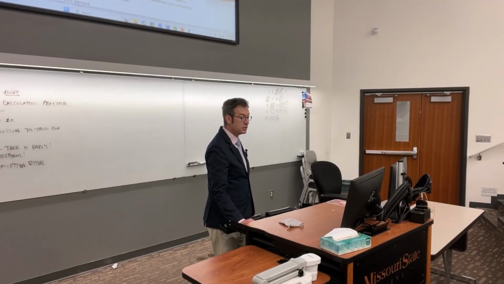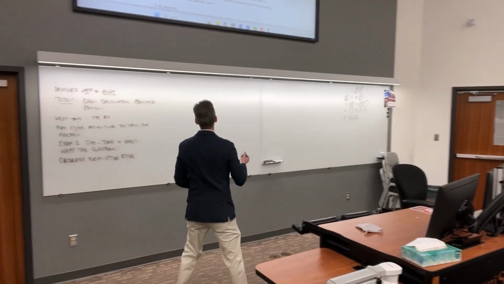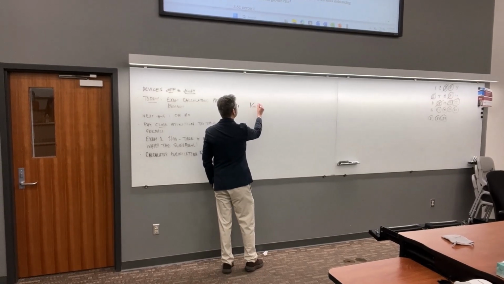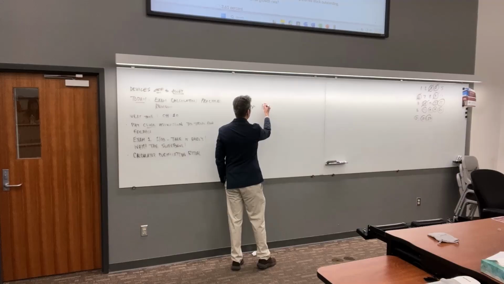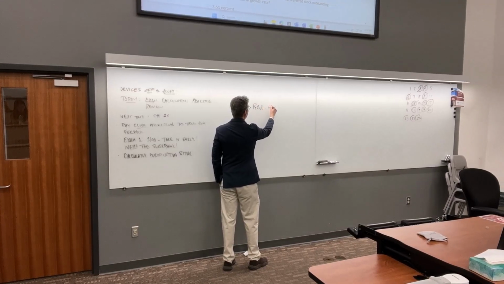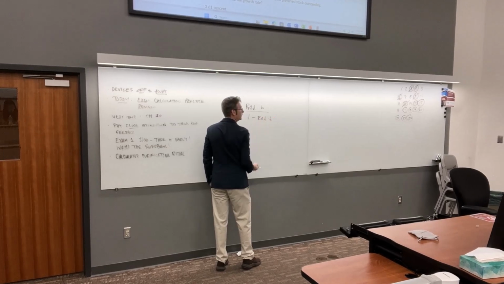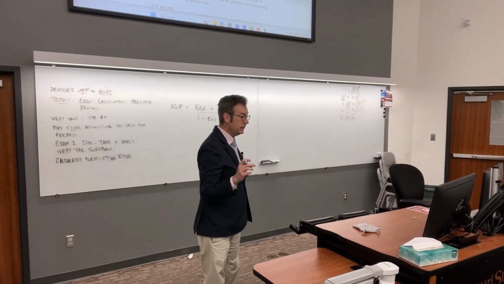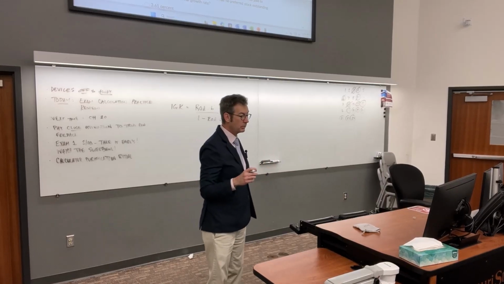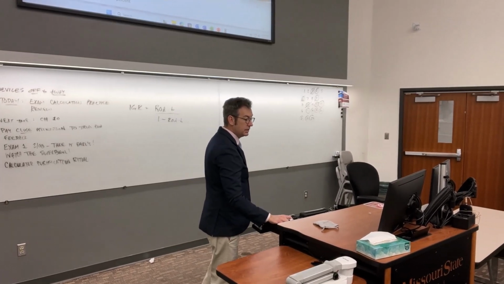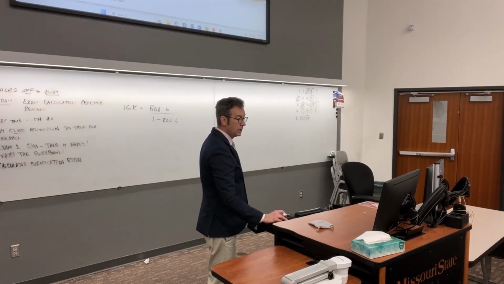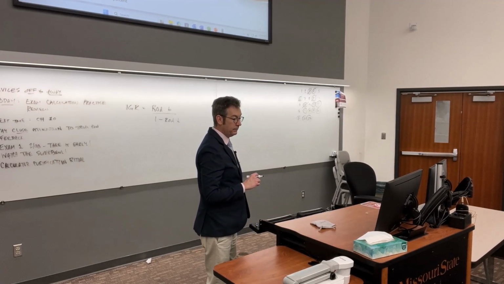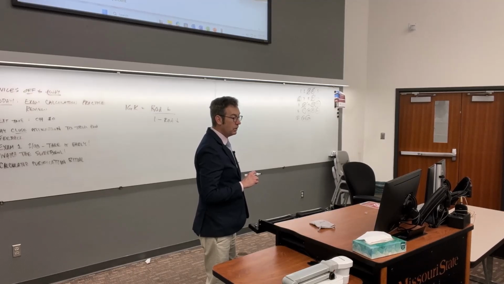What is the firm's internal growth rate? What's the formula for internal growth rate? Okay. Now, so we are looking for information that will lead us to ROA and the plowback ratio. The first thing it says is that they've got a profit margin of 7.5% and a total asset turnover of 1.5 times.